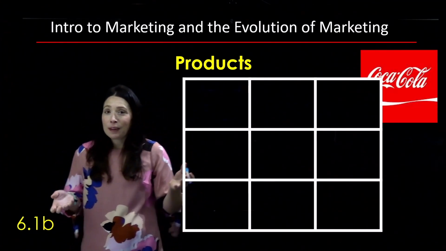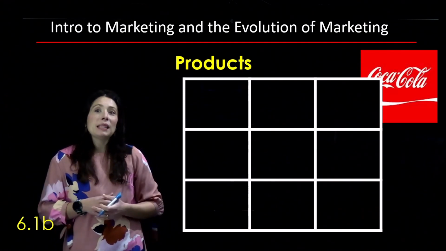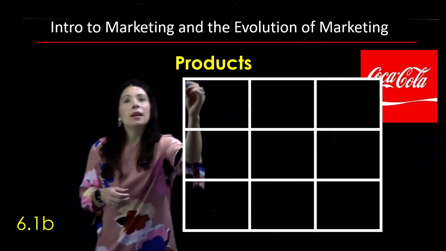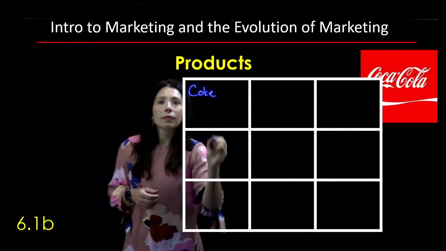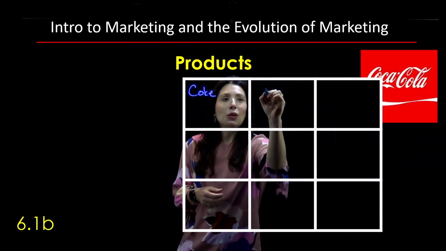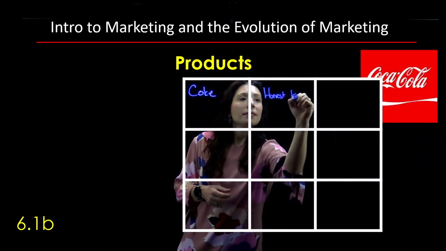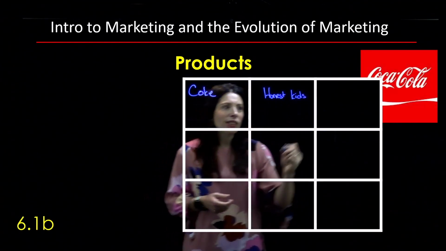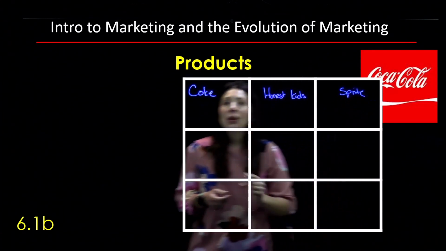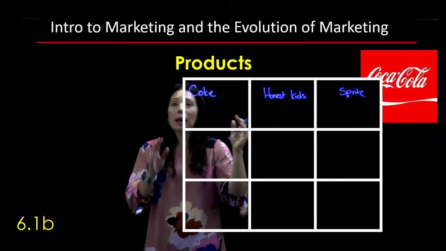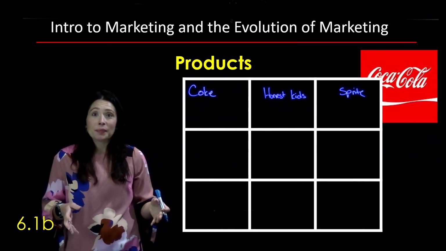As Coke is very diverse and has a very large and very wide product mix, we will do a simplified version here. So for this example, we will use Coke. We will use Honest Kids. And let's also use Sprite. So these are each headers for a product line within the overall product matrix for Coke.